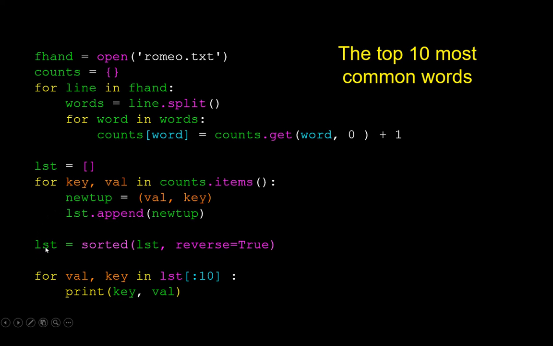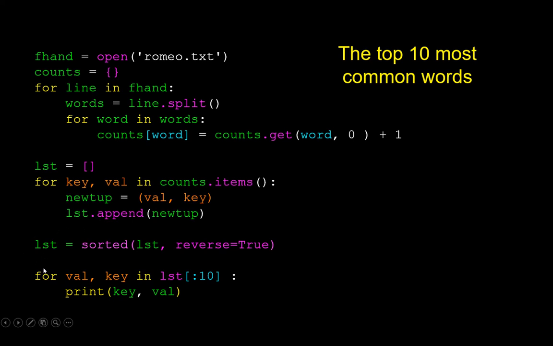Now we're going to sort that lst variable, and we're going to have the option reverse equal to true, which means that we are not going to do ascending order, we're going to do descending order, meaning that the highest value would be the first. So the most repeated word will be first. We put it back to the lst.